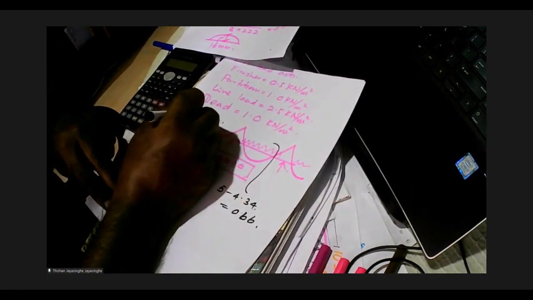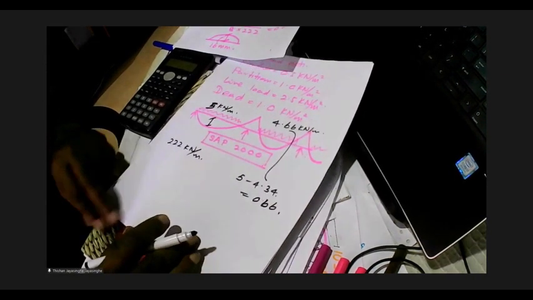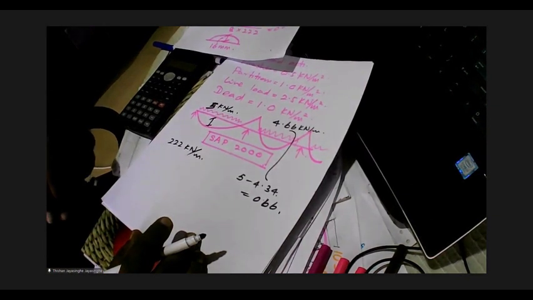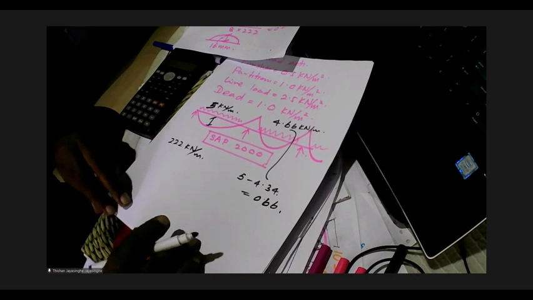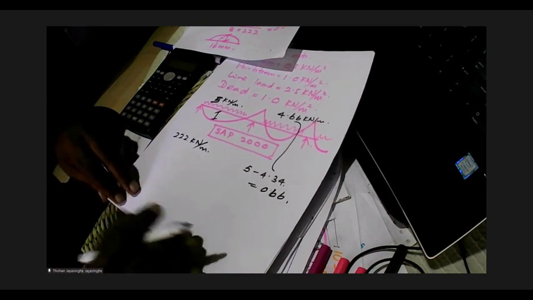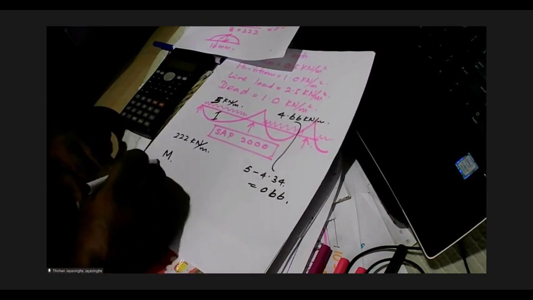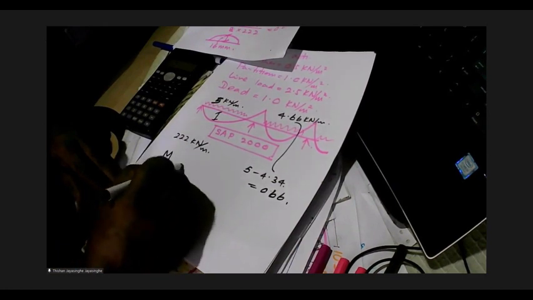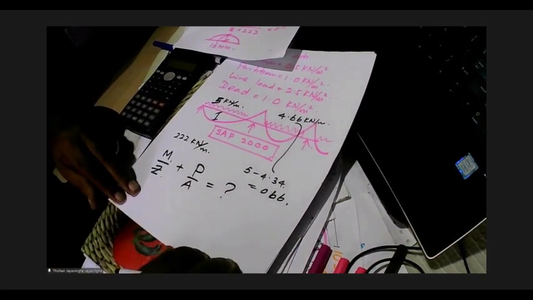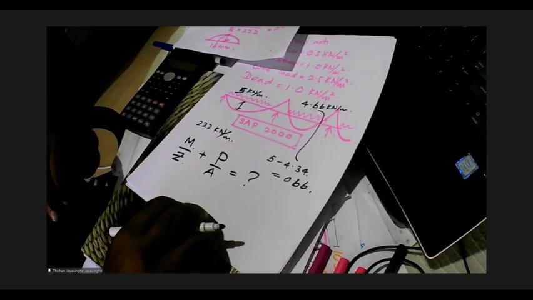So this is 5. Here you get 4.66 kilonewtons per meter acting in this direction, this distance. So we apply these forces, and then you find the moment, find M plus pre-stress, and see what the stresses are, as we have done earlier.